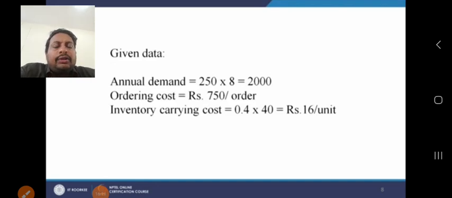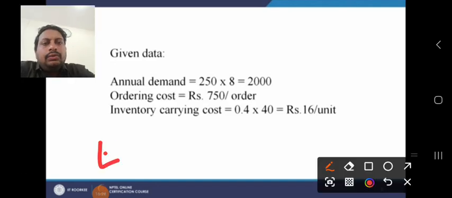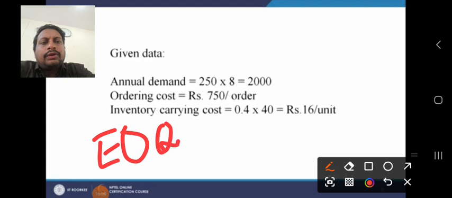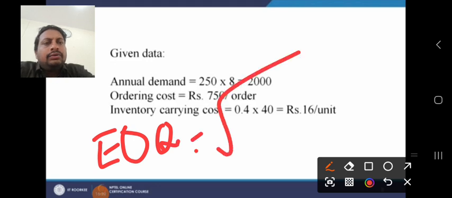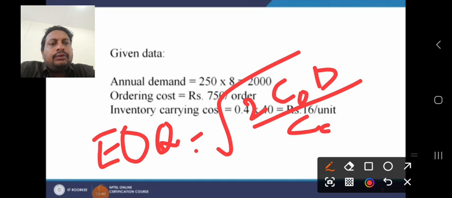So our EOQ equals the square root of 2 into ordering cost into annual demand divided by carrying cost.